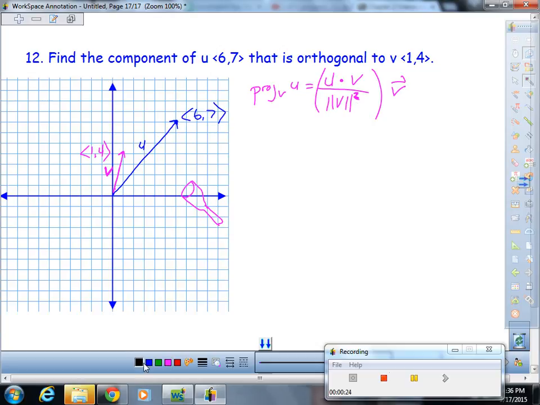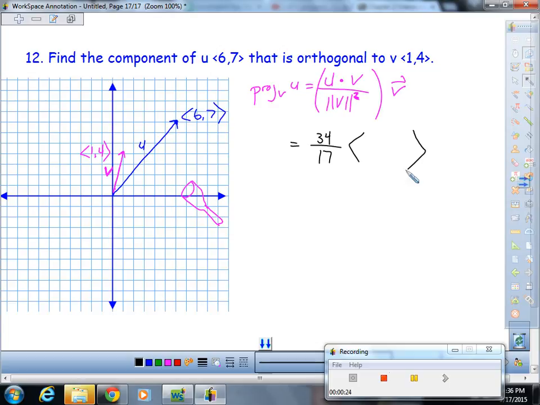Hopefully they make sense. So U dot V is going to be 6 plus 28, so that's 34. The magnitude of V is radical 17, so radical 17 squared is 17, so that's nice. That's just a 2.